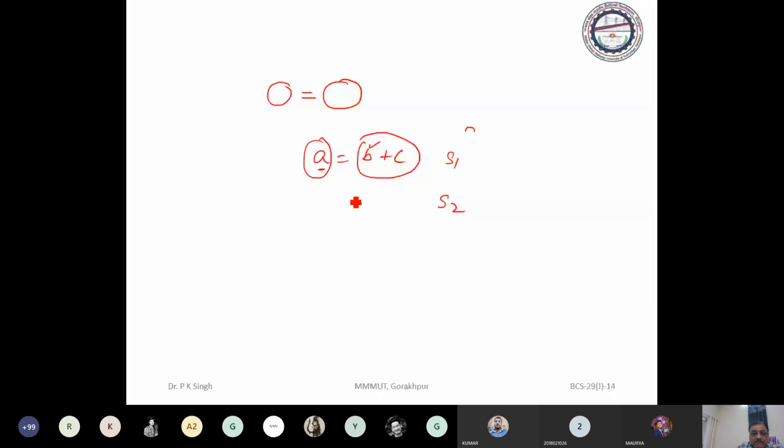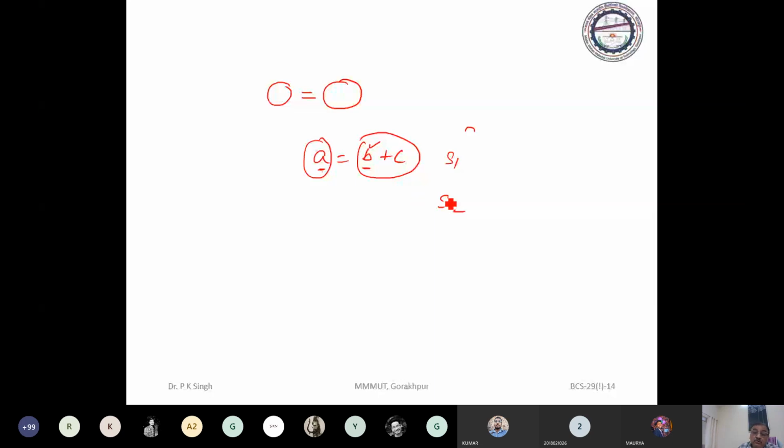Next, suppose this B is being used here, but gets modified by S2. In that case, S2 is again dependent on S1.